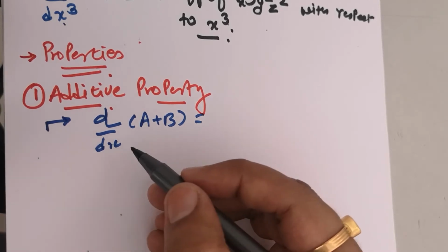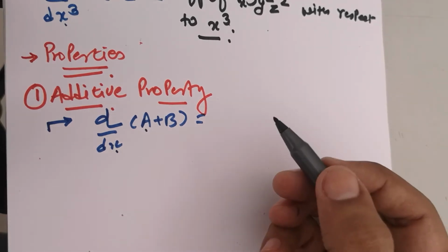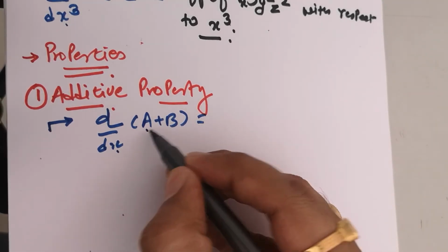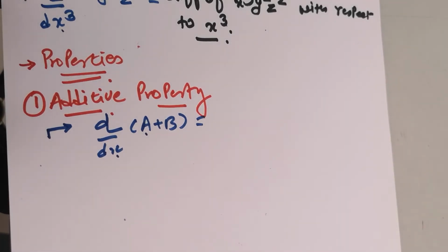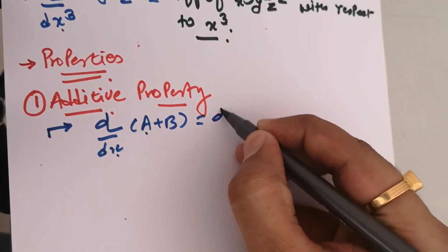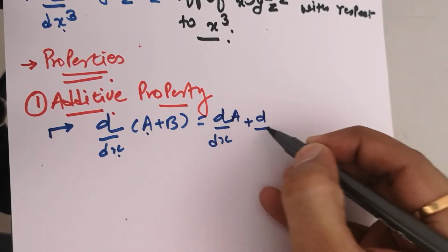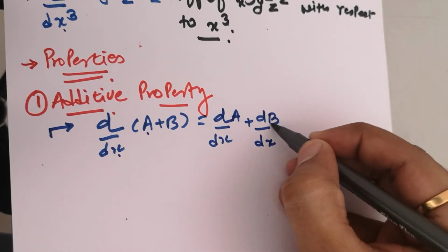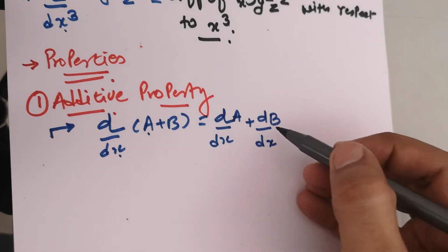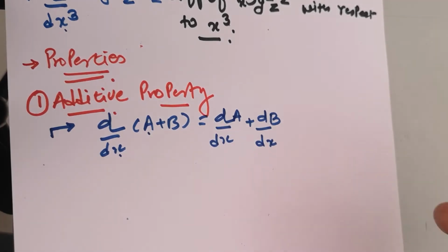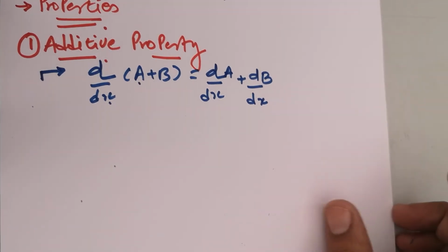But as our formula suggests, only a single quantity has to be differentiated, and here it is a plus b, so we cannot use a plus b directly. So we separate it out: d by dx of a plus d by dx of b. Yes, you can use b first or a first. There is a positive sign, so there is no need to worry. It is a very simple property: you just apply the addition symbol.